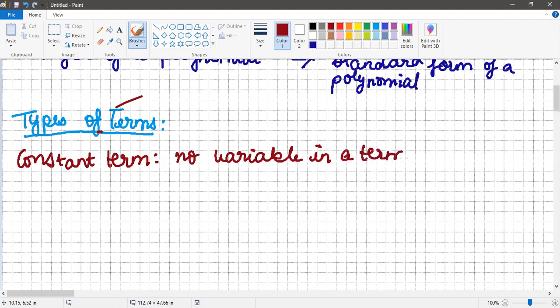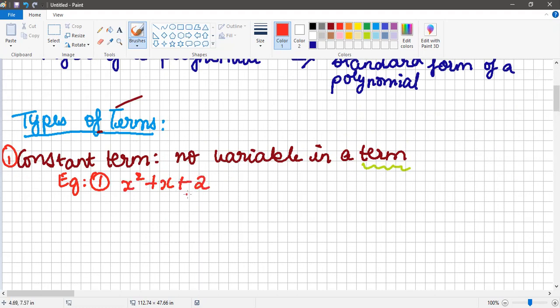The word highlighted here is nothing but term. It doesn't mean that in the whole expression there will be only a constant term. No, there will be terms having variables as well, but a term where there are only constants is called a constant term. Let's take an example. Take x square plus x plus 2.